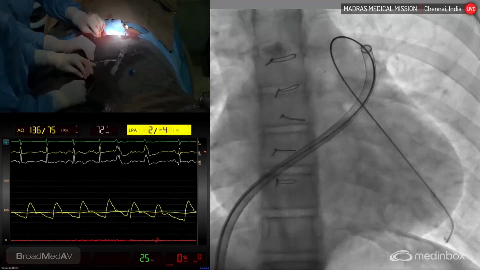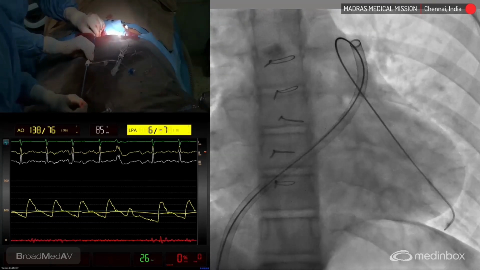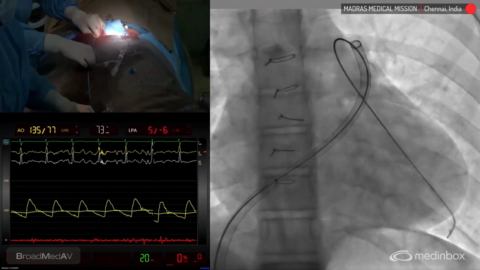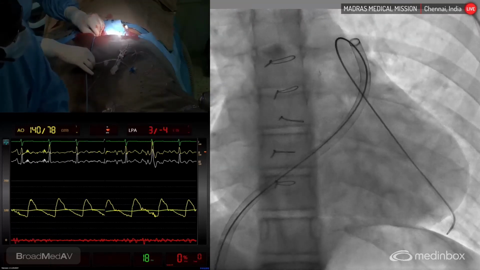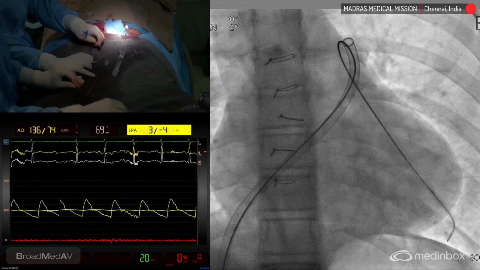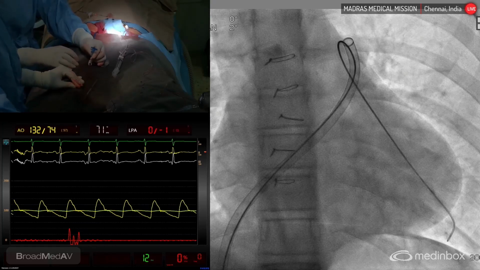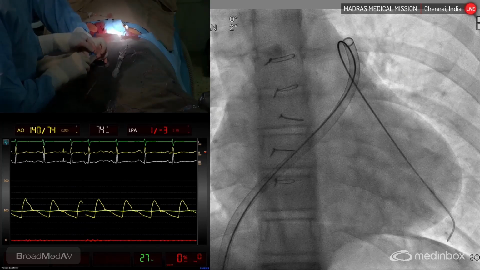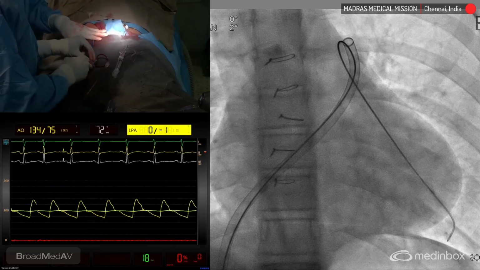Now at this point, while Dr. Vishnu is holding the sheath, I am taking a right coronary artery catheter with a thermo wire, and we are going to cross into the other pulmonary artery. The right coronary artery catheter will go parallel to this wire.